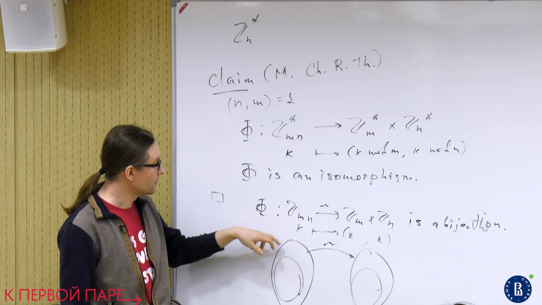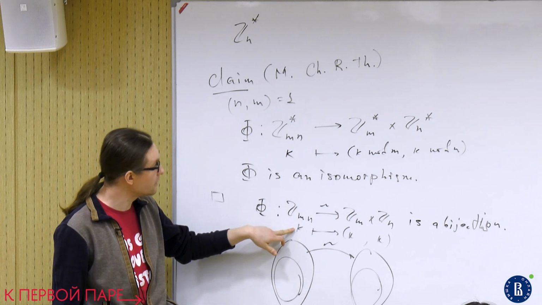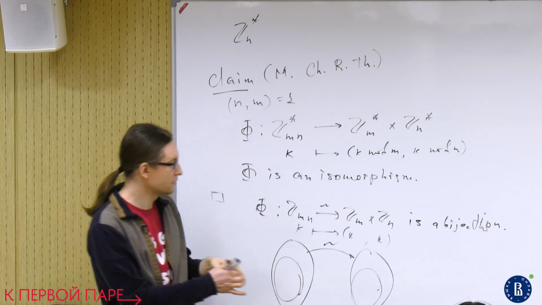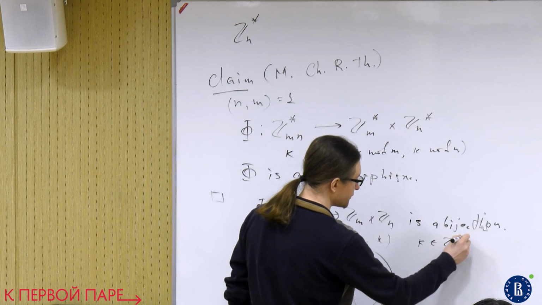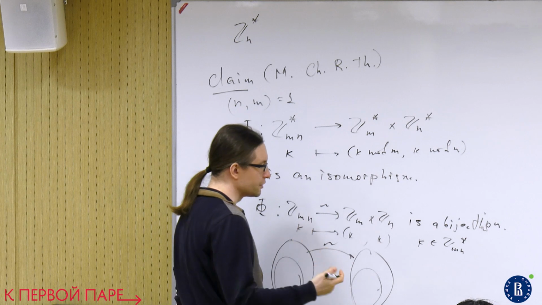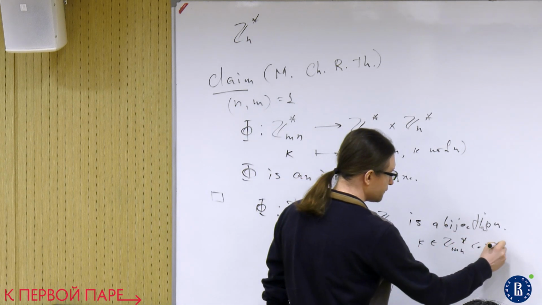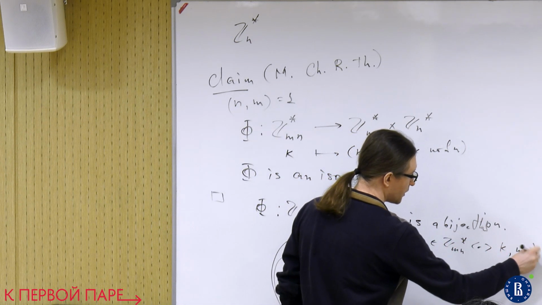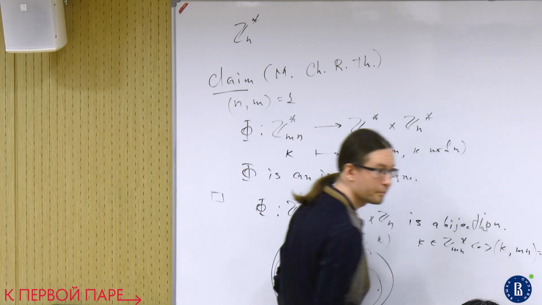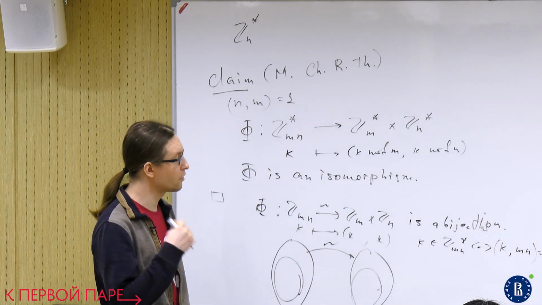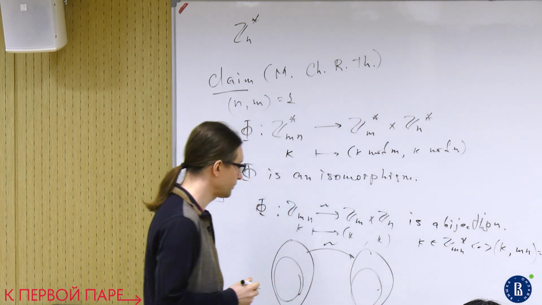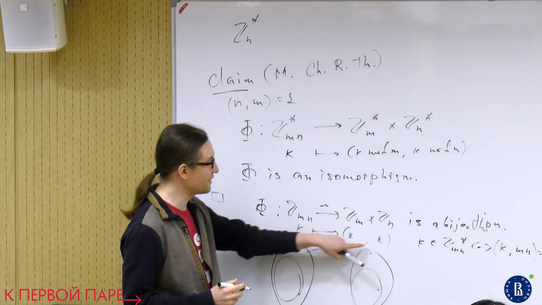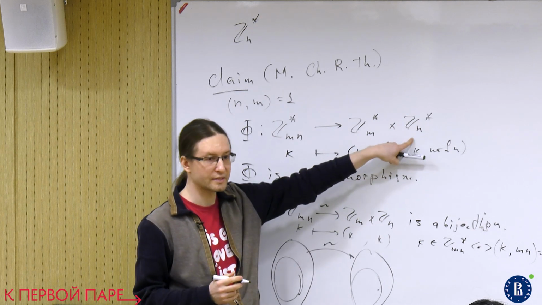So now, what does it mean that the remainder k belongs to this subset? So k belongs to Z_mn star, by definition, if and only if k and mn are coprime. So there is no common factors between k and m times n. But what does it mean that this pair belongs to this subset?